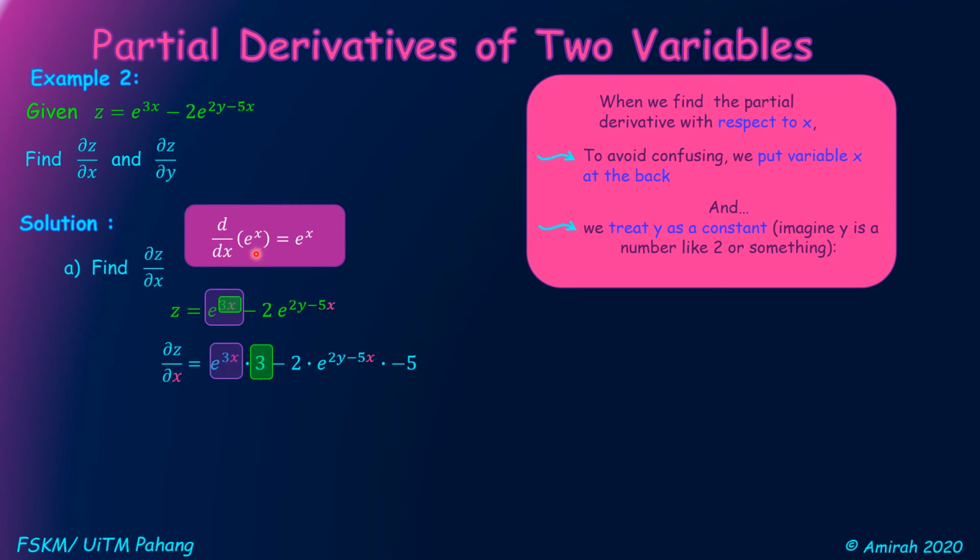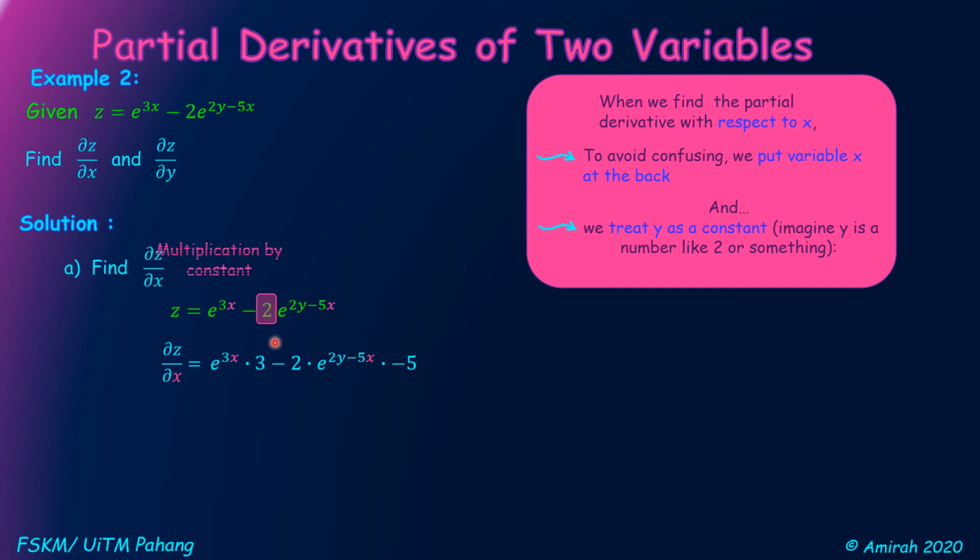Likewise, if we differentiate e to the power of x, we get back e to the power of x, then we differentiate the exponent x, which equals 1. So actually we have times 1 at the back, but no need to write. After that, we differentiate the second term.